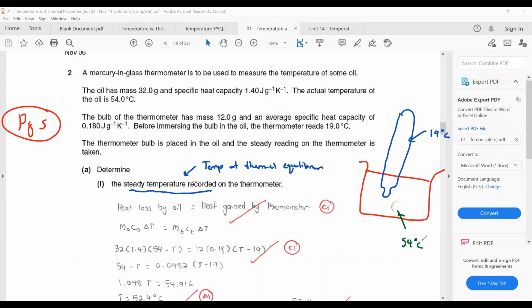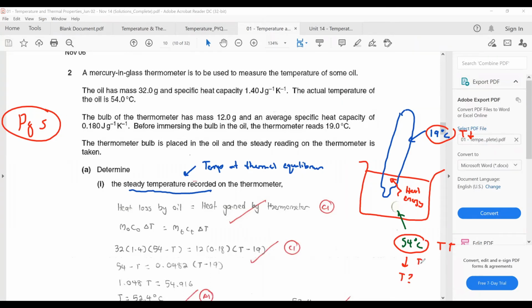So this one being higher temperature, this one being lower temperature, would mean that heat energy will flow from the oil to the thermometer. Because your oil loses heat energy, its temperature will drop to some unknown temperature.